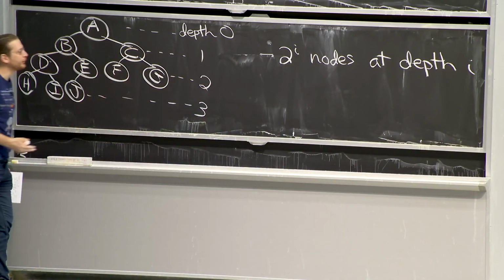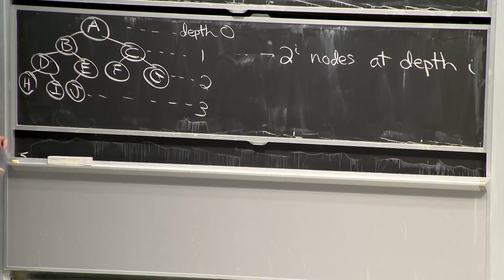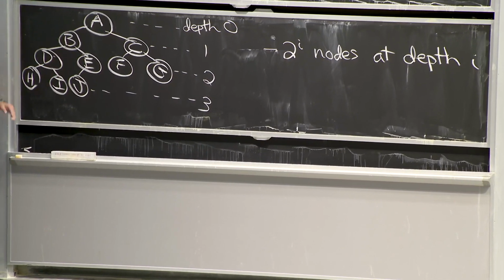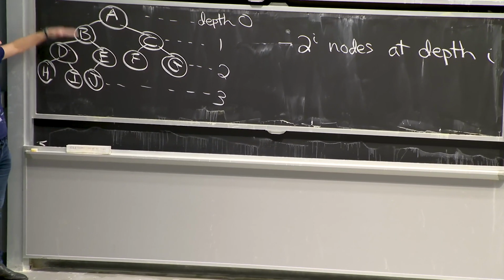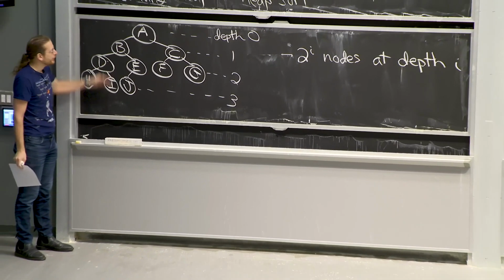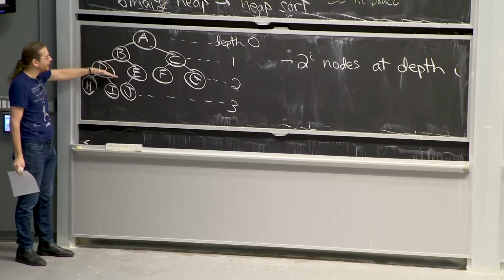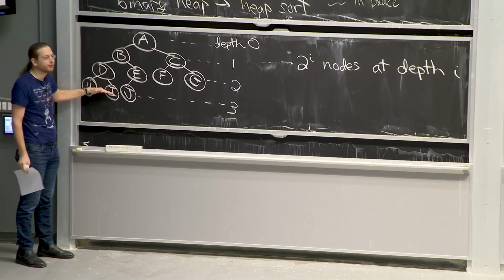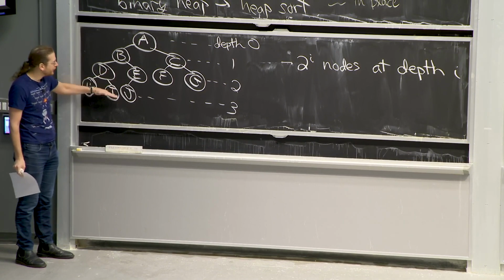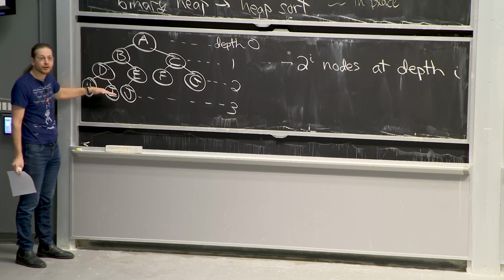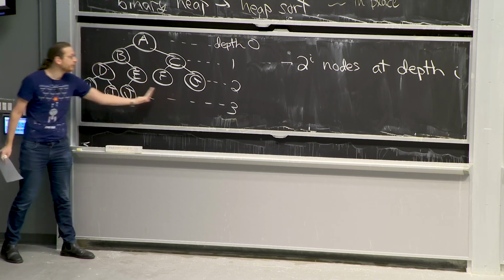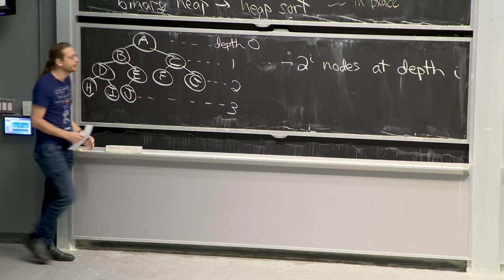But that only works when n is 1 less than a power of 2. I can't always achieve that for any n. And so the next best thing I could hope for is 2 to the i nodes at depth i until the very last i, the largest depth. And in that level, I'm still going to restrict things. I'm going to force all of the nodes to be as far left as possible.